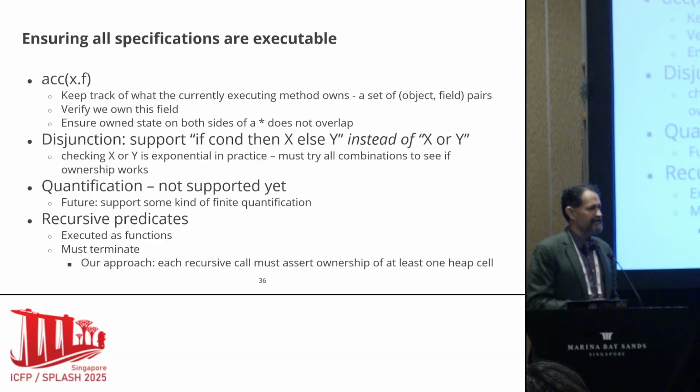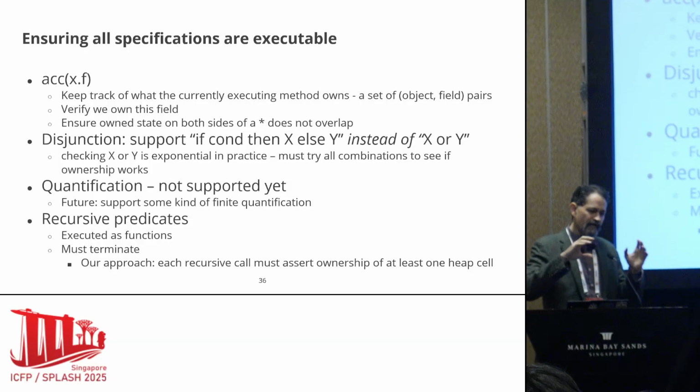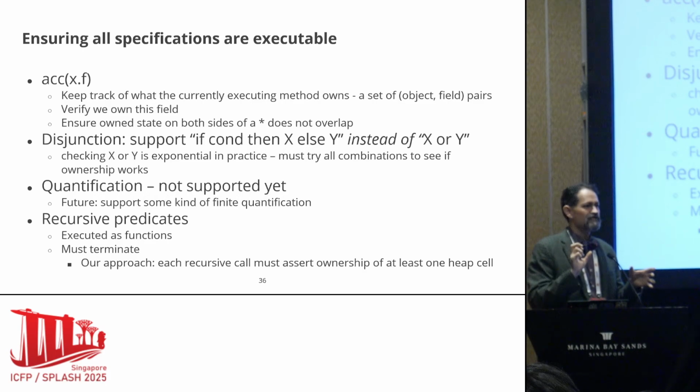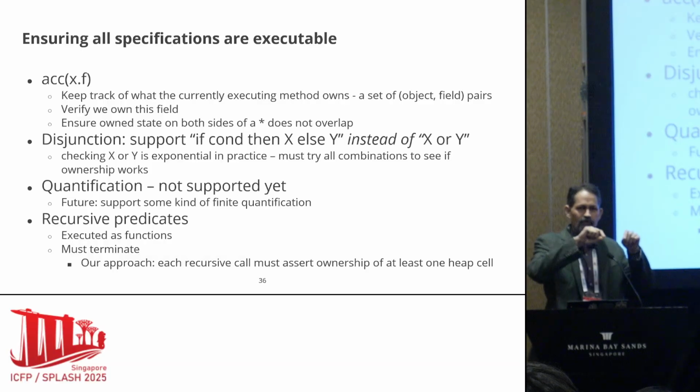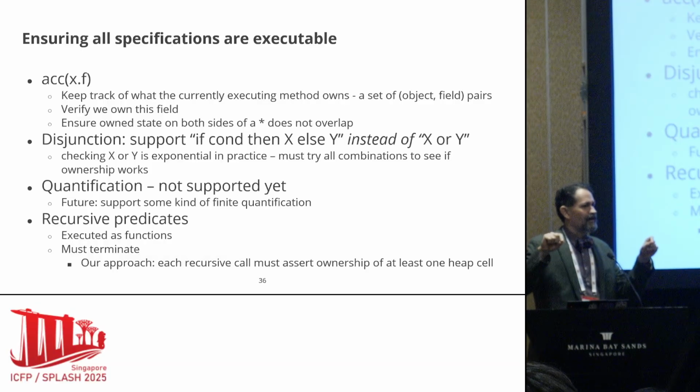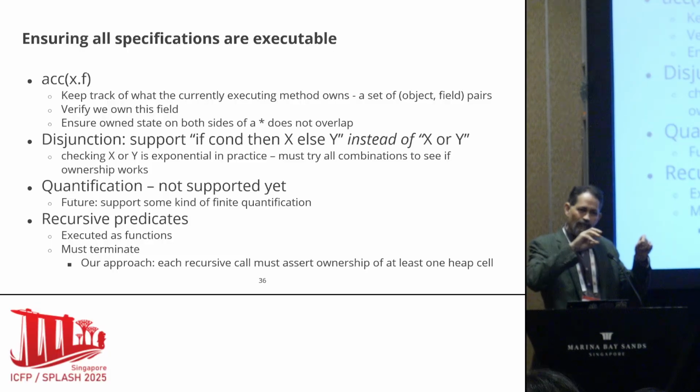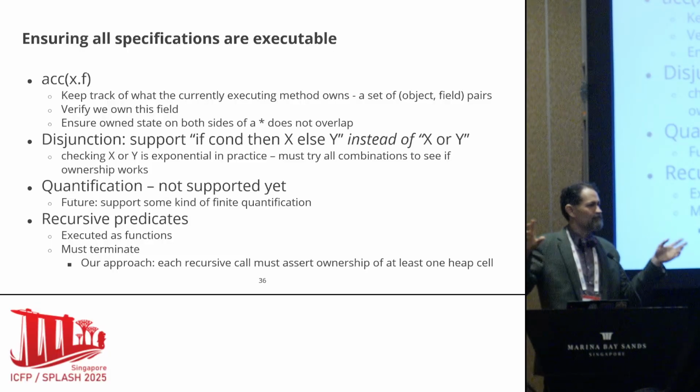There's a nice, elegant solution there, which actually came to us from ownership. In our system, when you define an abstract predicate, in any recursive case of that predicate, you have to assert the ownership of at least one heap cell. And if you think about it, that means every time you unfold the predicate dynamically, you're eating up one more cell of the heap, and eventually you get all of them, right?